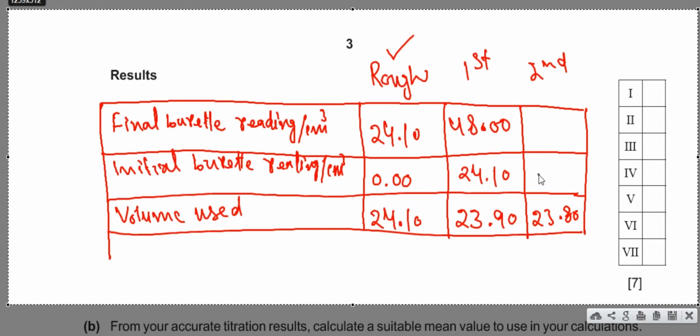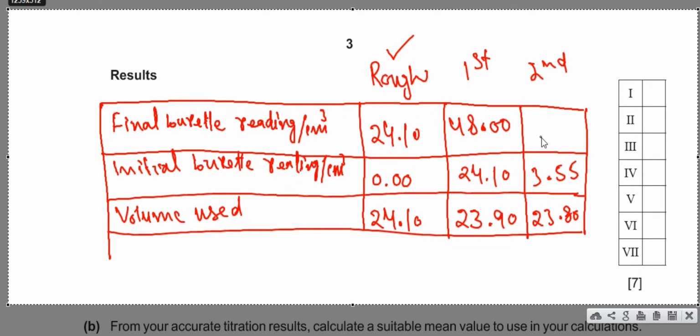Again, this time I'm saying my initial reading is not 0, so let's say it's 3.55. In your table there should be one reading with this value, so you can round it off.